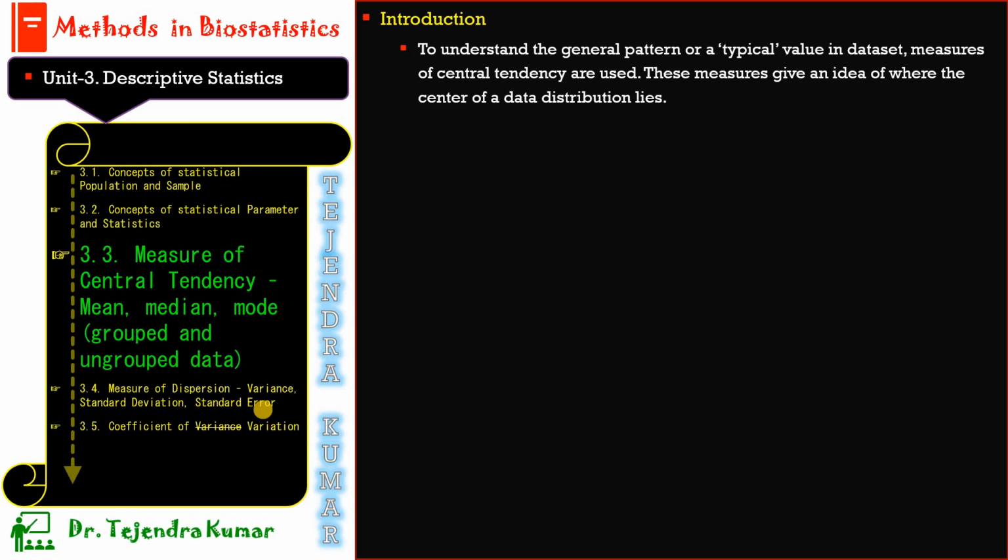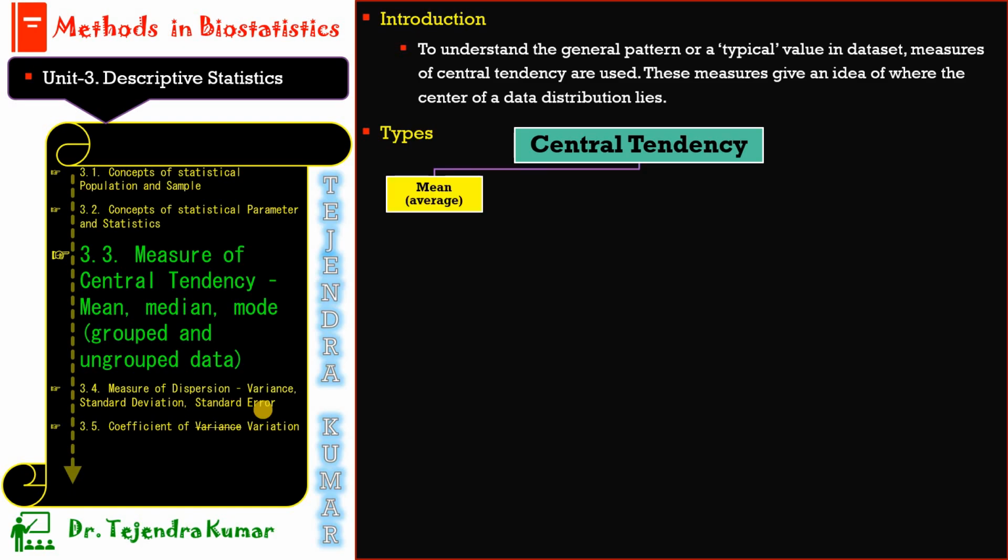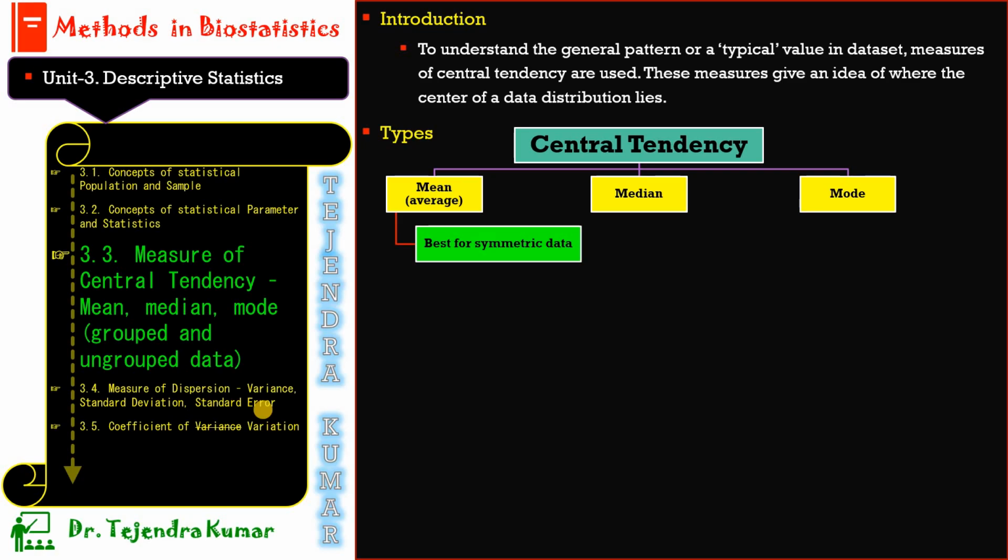The three primary measures of central tendency are mean, which is also called average, median, and mode. Each measure has unique applications and relevance depending on the nature of biological data.